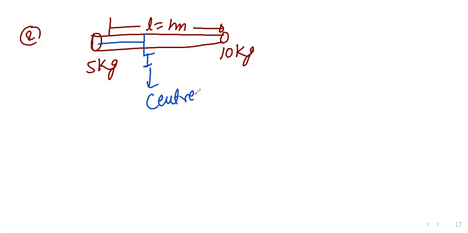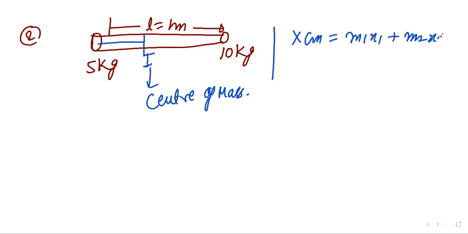So let's see. The center of mass is given by the formula m1 x1 plus m2 x2 divided by m1 plus m2. Now put the values: m1 is 5 and its distance is 0, as we are taking this as the reference point.